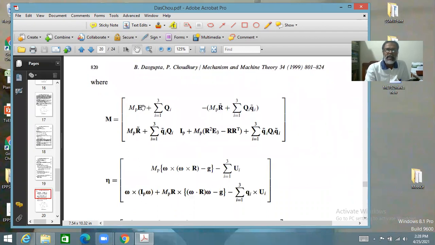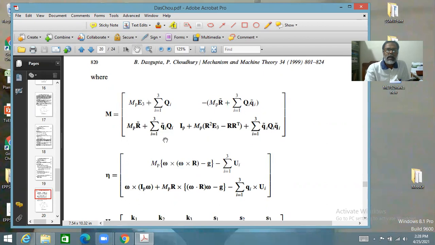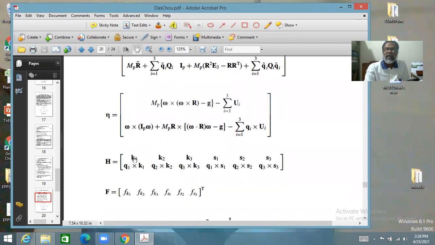E3 is the 3 by 3 identity matrix. You see the 3 k vectors and 3 s vectors will appear to map the forces, and their cross products like this will appear to map the forces to the moments. And these are the 6 actuation forces along K1, K2, K3, along S1, S2, S3, because these are the prismatic force directions.